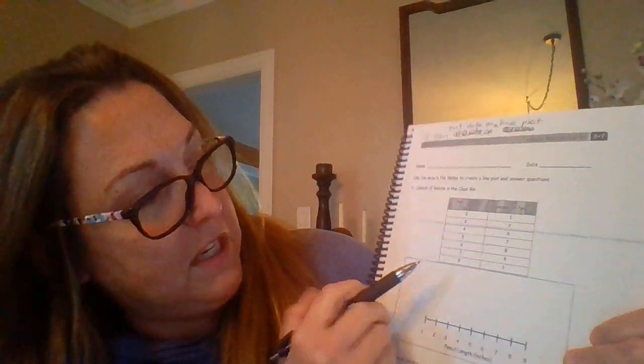So what we're going to do is go to the first piece of data. We're looking at length of pencils in the class bin. Well, that's funny because we always end up with really short pencils in our class. Let's see what this class has. Some of the pencils are 2 inches in length.